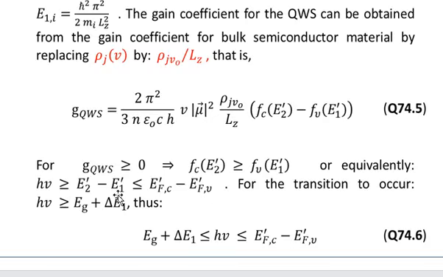If this level E1 prime is lying below the Fermi level in the valence band, then of course E1 prime will also be occupied.